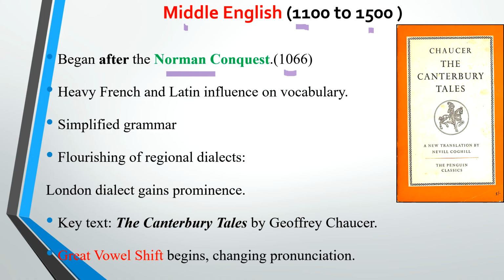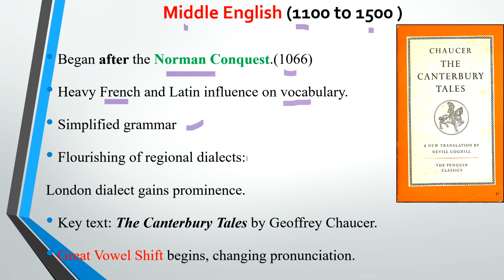French became the language of the ruling class during the period, and Latin also influenced the Middle English language. During this period, the grammar was simplified, and regional dialects also flourished.